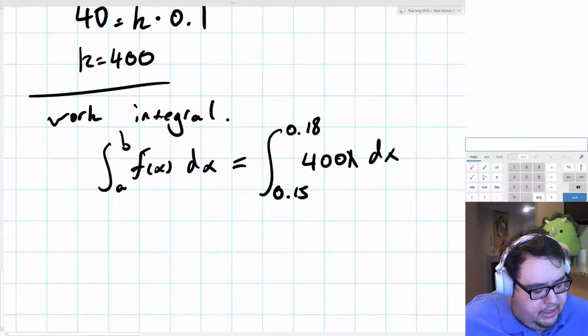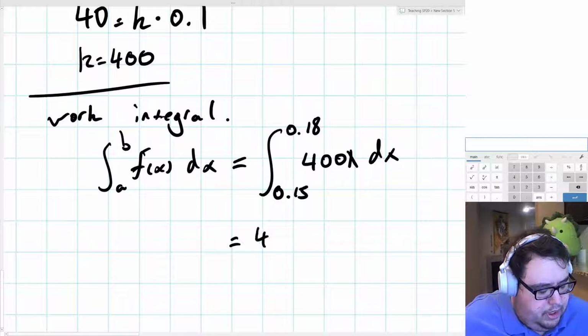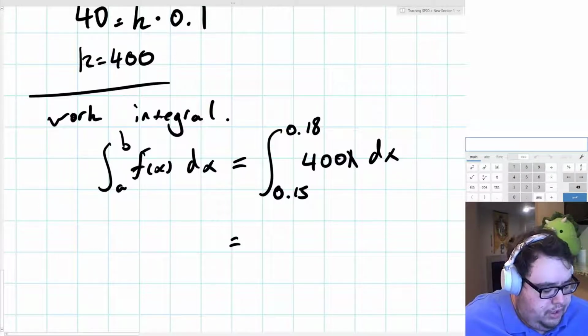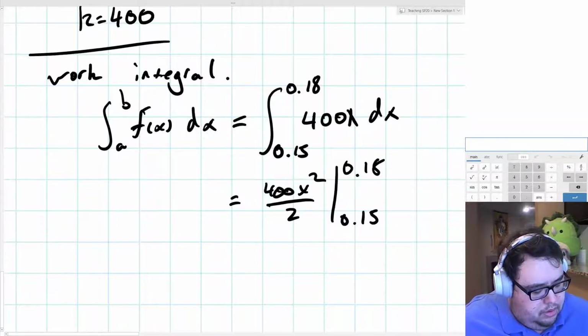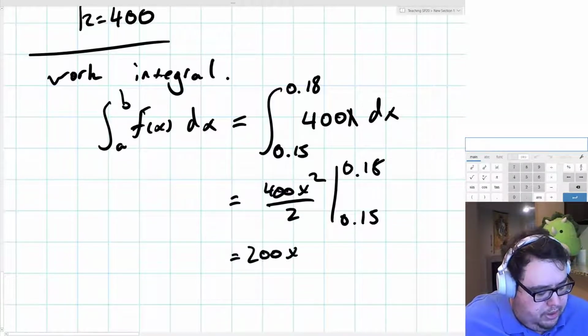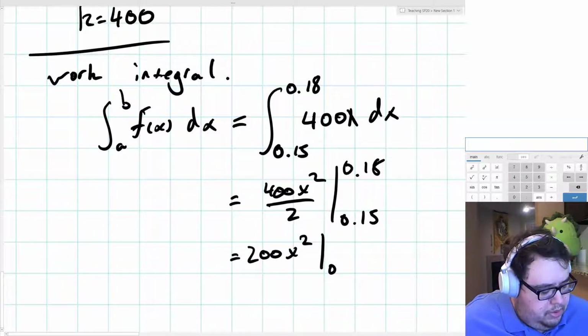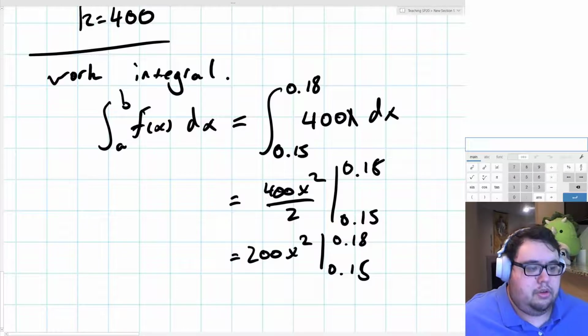We can take our antiderivative, giving us 400x squared over 2, evaluated between 0.15 and 0.18, or 200x squared, evaluated between 0.15 and 0.18.